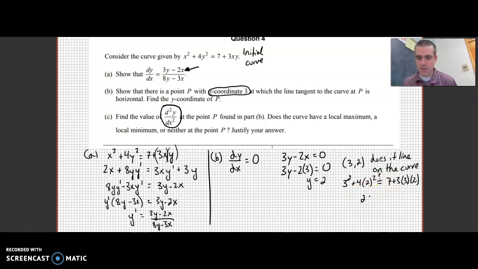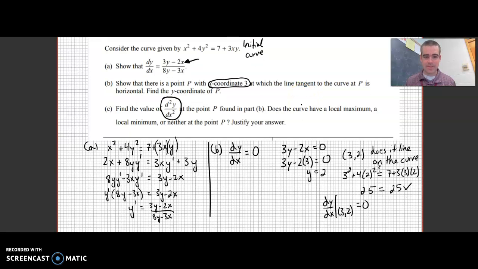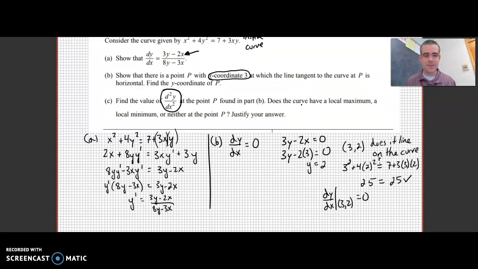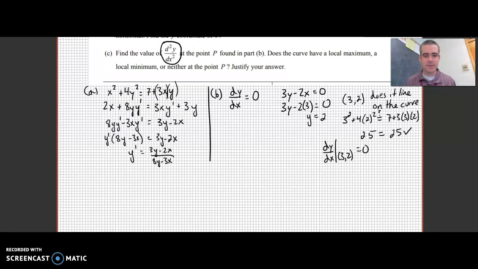This is 25, and it does indeed equal 25. So that means that 3, 2 does indeed lie on the curve, and because the derivative at 3, 2 is 0, that means that this curve has a horizontal tangent line at 3, 2.